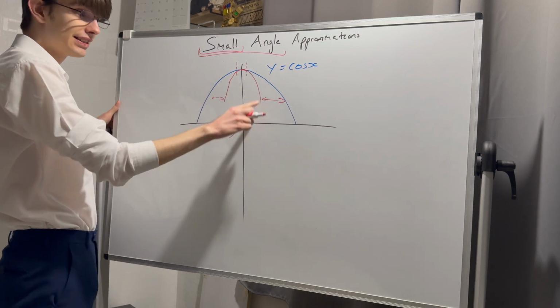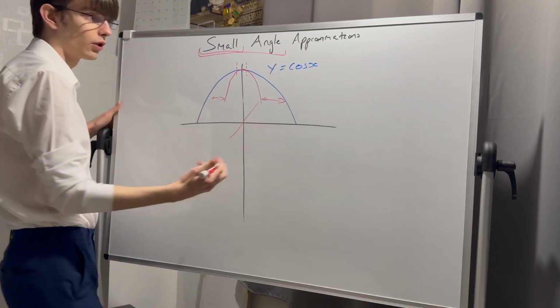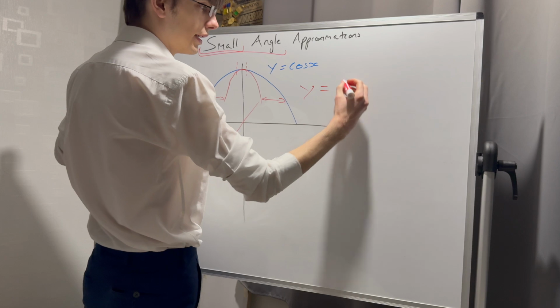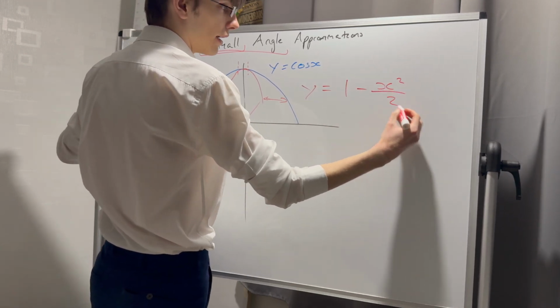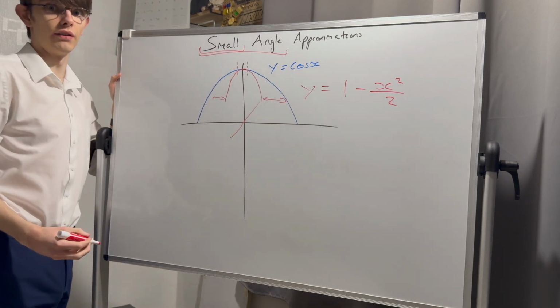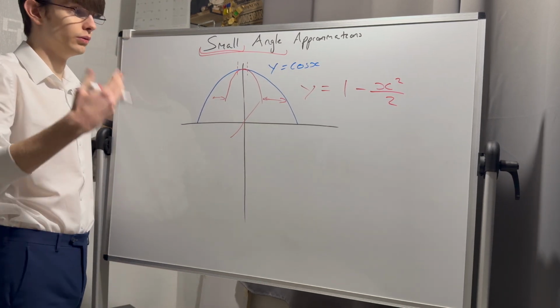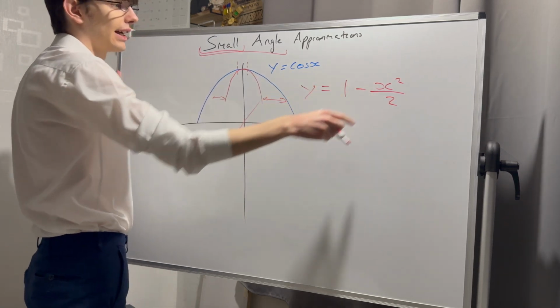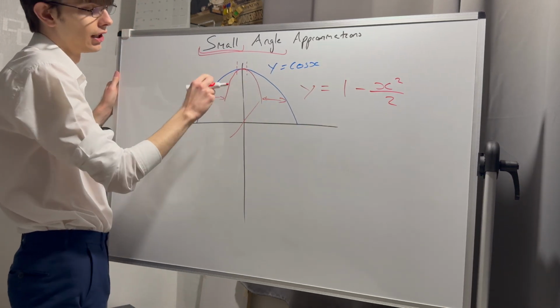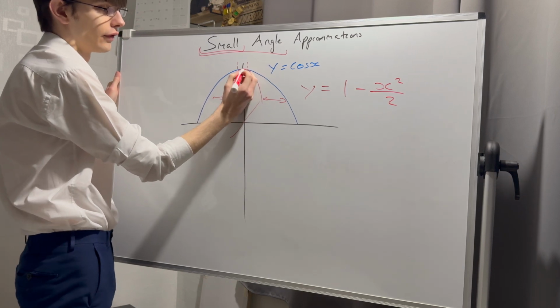Now, this line here has equation y equals 1 minus x squared over 2. You don't need to know the derivation of that; if you want to, go nuts. But all you need to know is 1 minus x squared over 2 is this red curve here, which fits my cos graph very, very close to the origin.